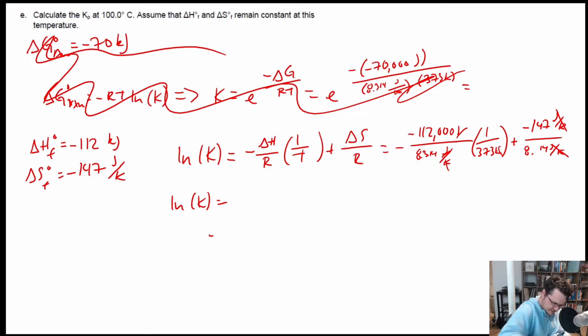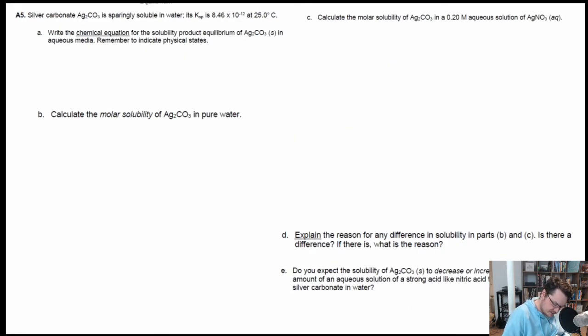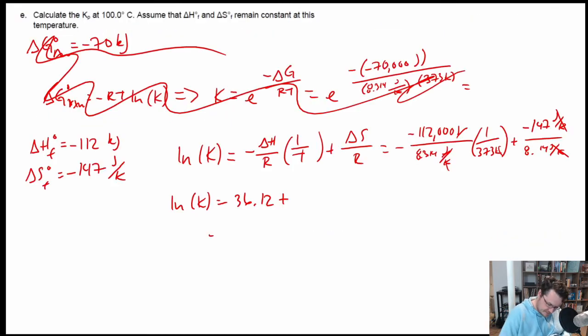That's still 36.12, plus, right now we have negative 147 divided by 8.314, which is negative 17.68, which comes out to being 36.12 minus 17.68, 18.44.